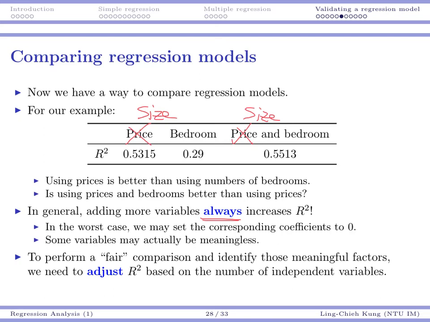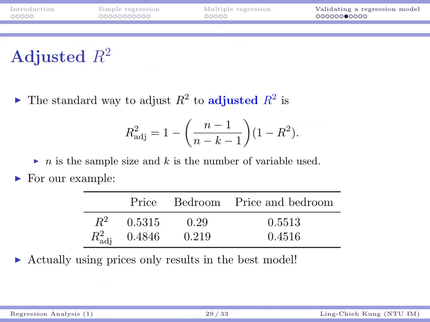So to really compare these two models, we need to use the so-called adjusted R squared, like this. We define a quantity called adjusted R squared as a function of R squared.